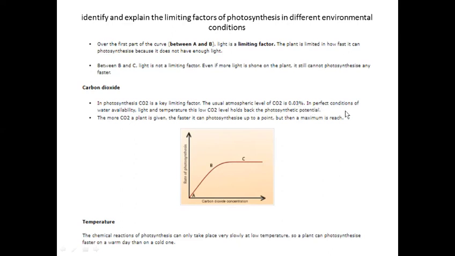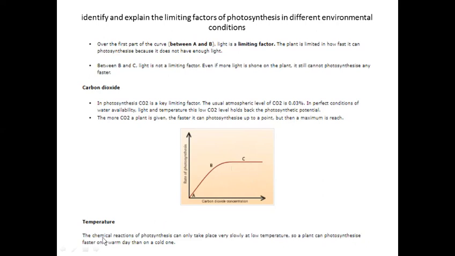So in perfect conditions of water availability, light and temperature, this low CO2 level holds back the photosynthetic potential. The more CO2 a plant is given, the faster it can photosynthesize, up to a point. Okay, but then the maximum is reached. So as you increase the CO2, the rate of photosynthesis also increases, but after that it reaches some particular limit, and then the rate of photosynthesis is going to be constant.